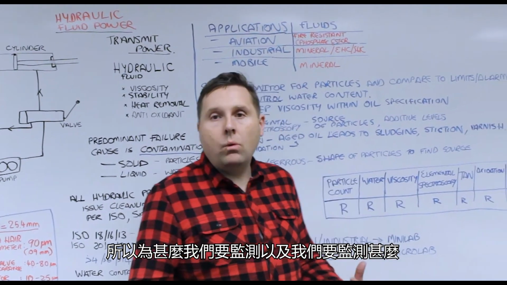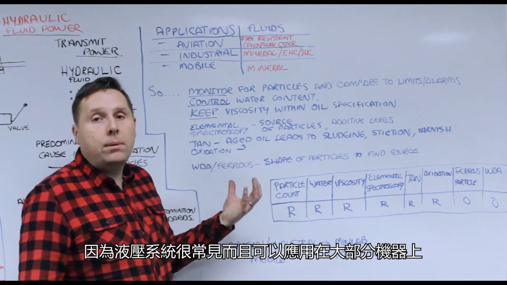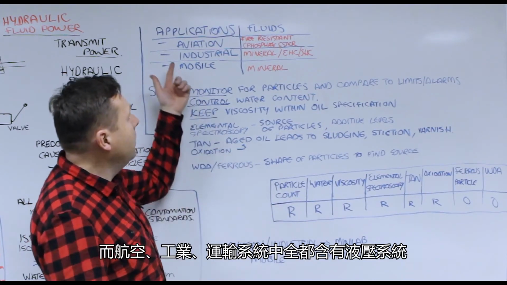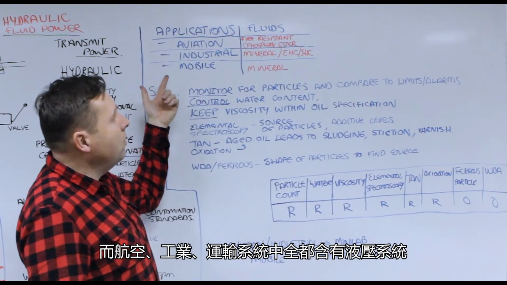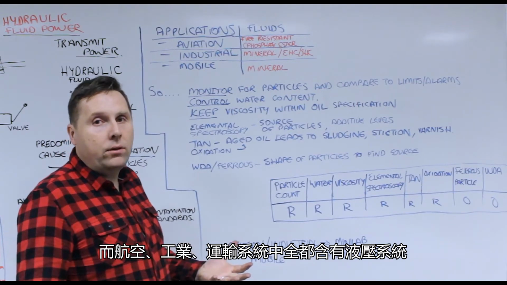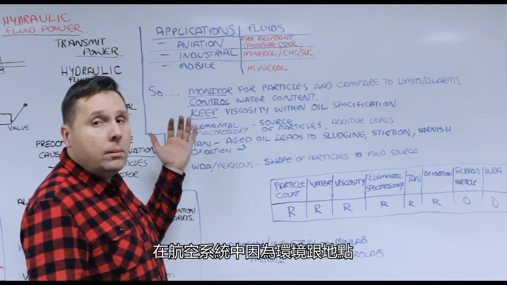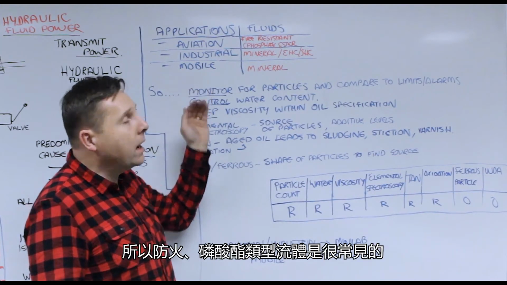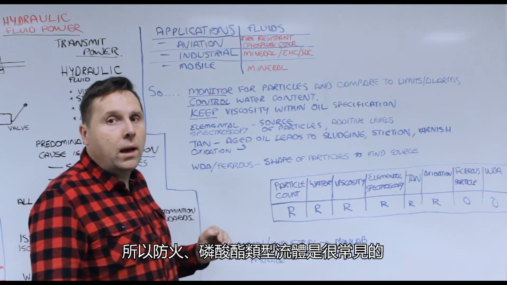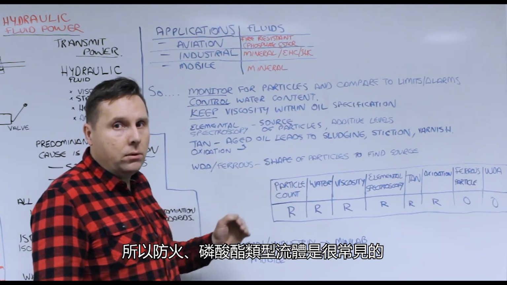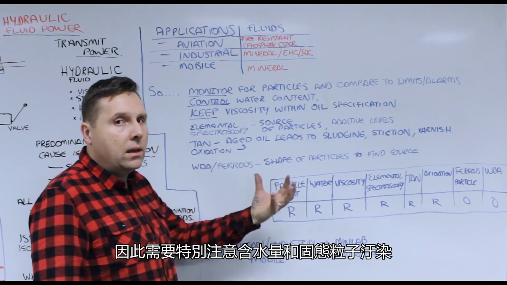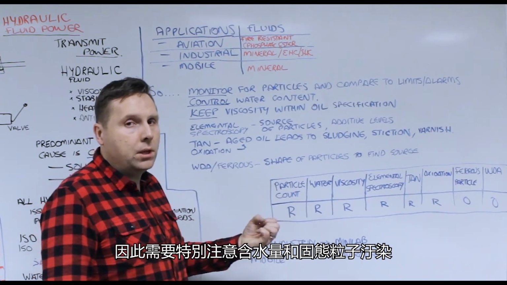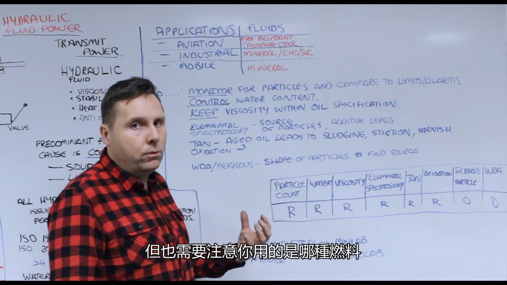So why do we monitor and what do we monitor? The major applications for hydraulic systems are pretty common everywhere, but aviation, industrial, and mobile systems all have hydraulic systems. One comment is that for aviation systems, because of the environment and the location, fire-resistant phosphate ester style fluids are fairly common, so you do need to worry about water and contamination, solid particulates, but you have to be aware of the type of fluid you're dealing with.